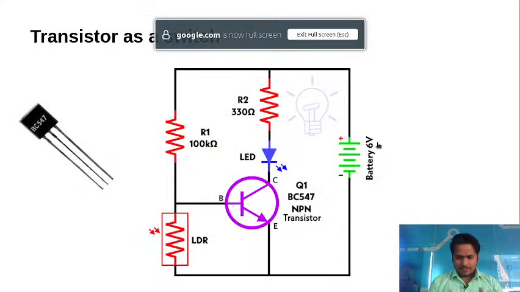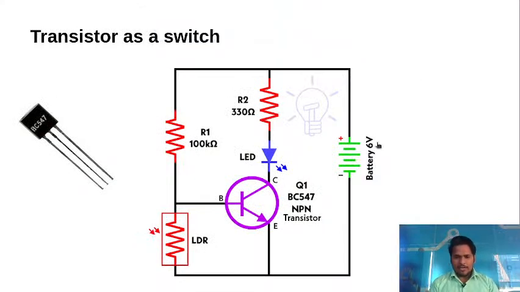So we have seen the simulation and we have noticed that only in the night time the LED is turning on. In the daytime it's not turning on, it's turning off. Okay, so in an NPN transistor current flows from collector to emitter. First the current will come here, and in daytime what happens?